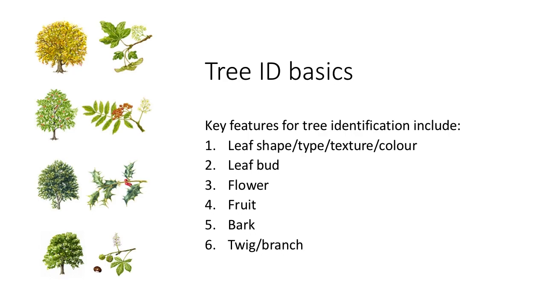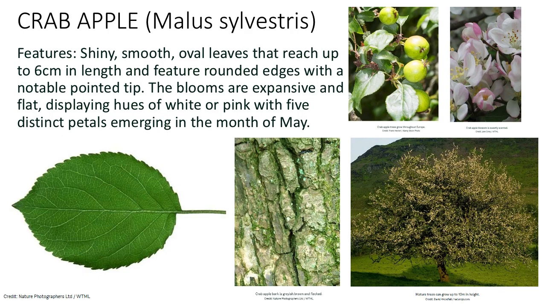You really have to piece the clues together you can find with trees. The more features you can see, the more accurate your identification will be. So those are the kind of things that we're going to talk about today. Let's jump right into it and look at our first species.